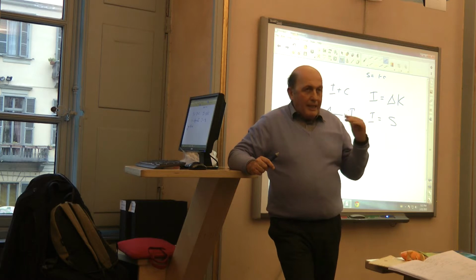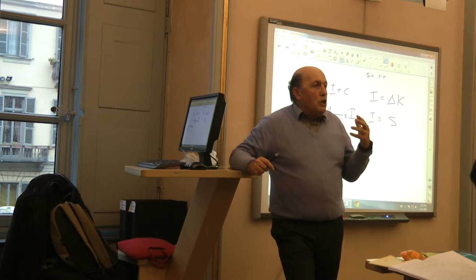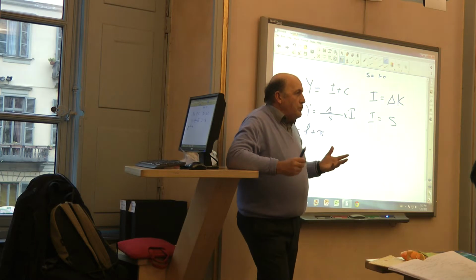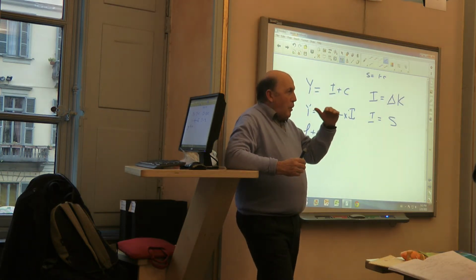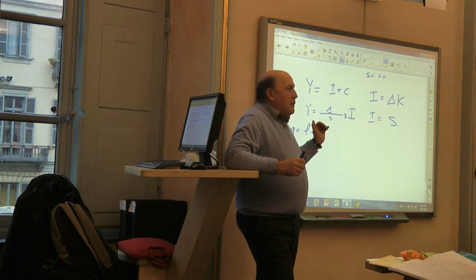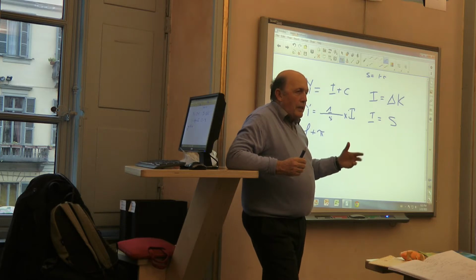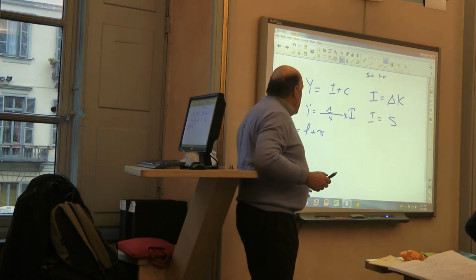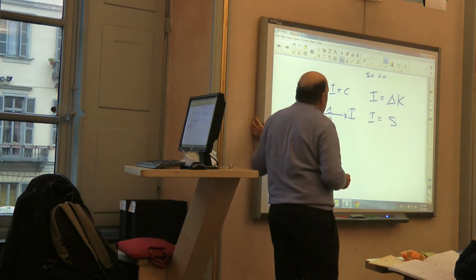You follow me? It's growth rate of population plus growth rate of productivity. You cannot grow more than what you can produce. That's very simple. The limit to growth is determined by population growth on one hand and productivity growth on the other. So they came out with this view.